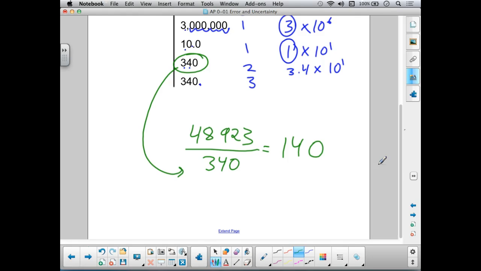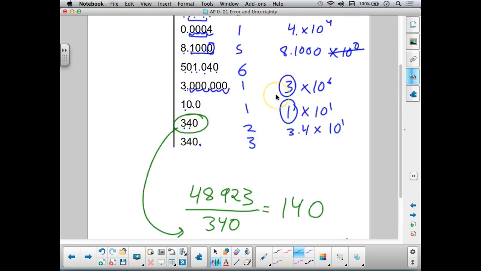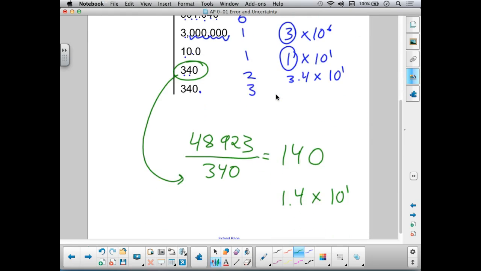Okay, a more accurate way of doing that would be put our 2 significant figures here and then put it in scientific notation. The answer to this division problem is 1.4 times 10 to the first, or just 140. We don't know anything past that point. Okay, so answer with 2 significant figures, because the least significant value in the calculation was 340 with only 2 significant figures.